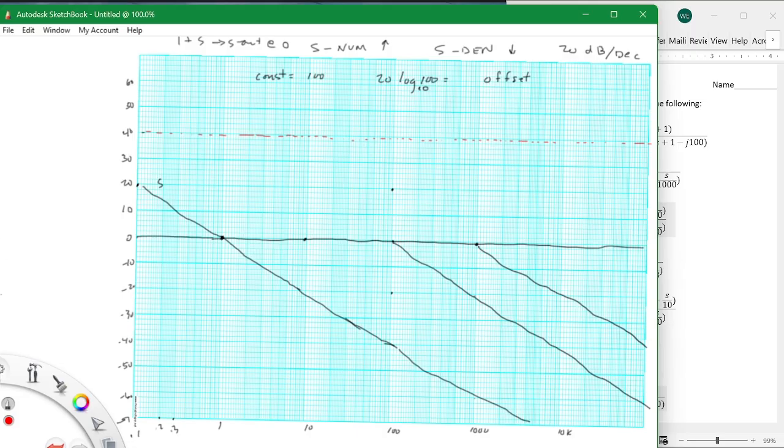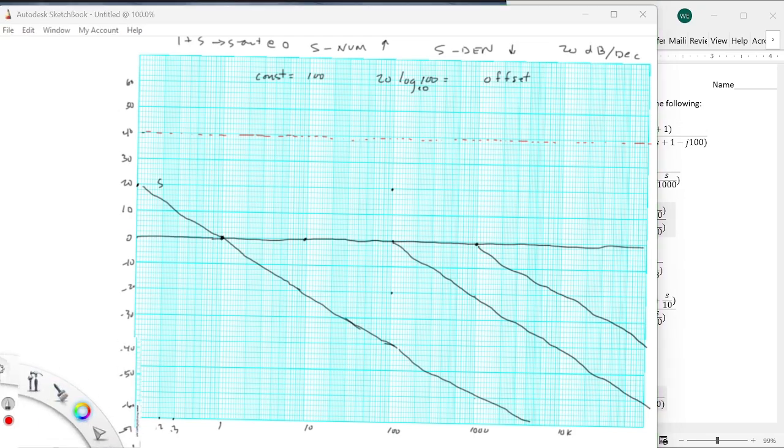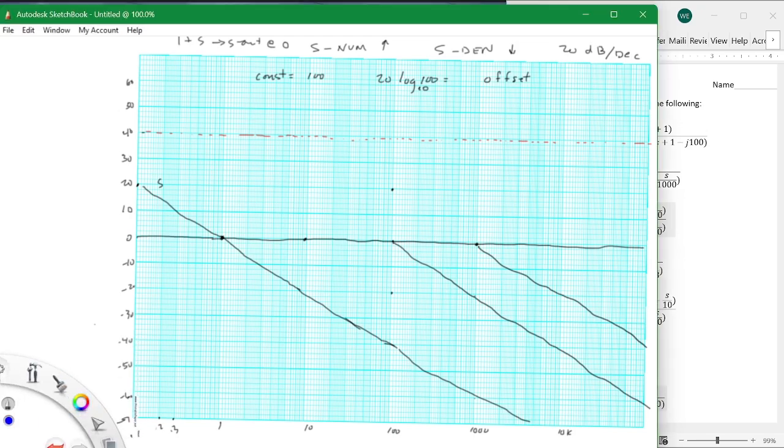Now I add these lines together, and I'm going to do that in blue, okay? I'm going to add these lines together across from left to right. So basically at this point, I'm going to add the lines. What is 20 plus 40? It's 60, right? And it comes down like this, and it keeps coming down like this until I get to here.